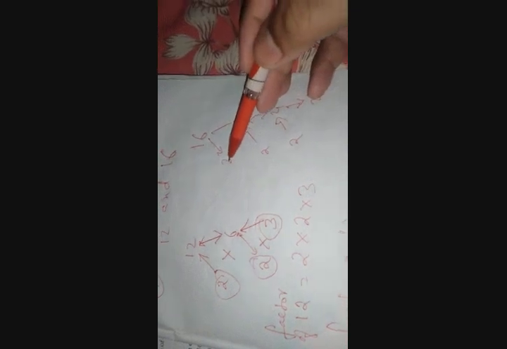So the factors of 16 are 2 into 2 into 2 into 2. So the factors are: 12 is 2 into 2 into 3, and 16 is 2 into 2 into 2 into 2.